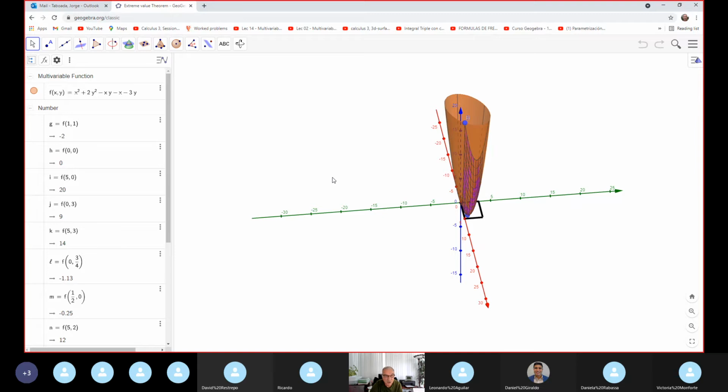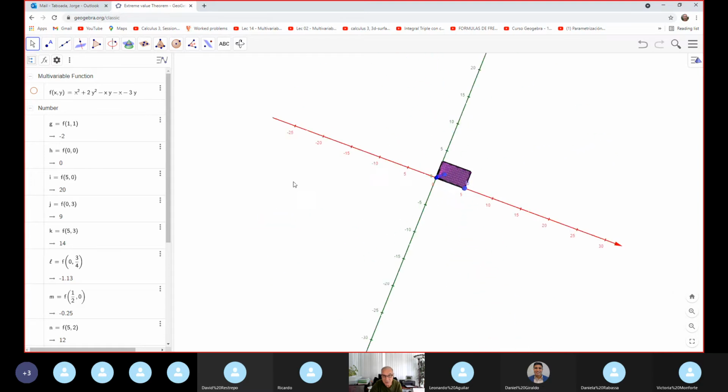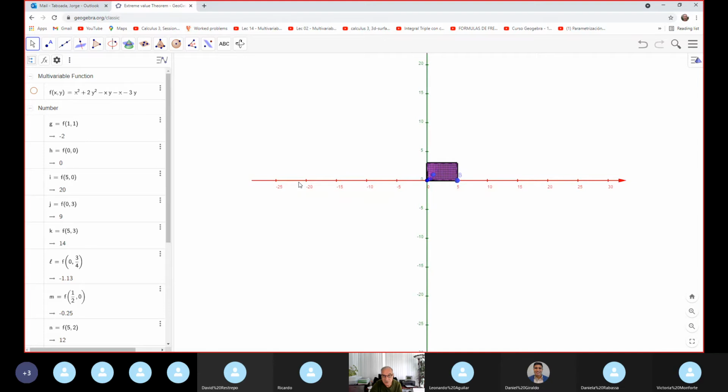But let me show you something. The original surface is this one. However, the specific surface inside the domain is this surface. Do you see?